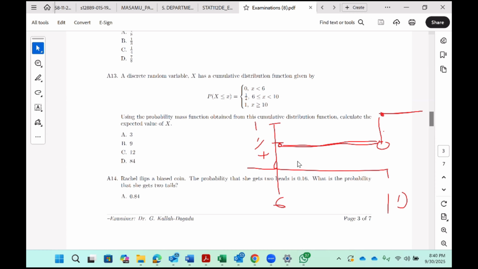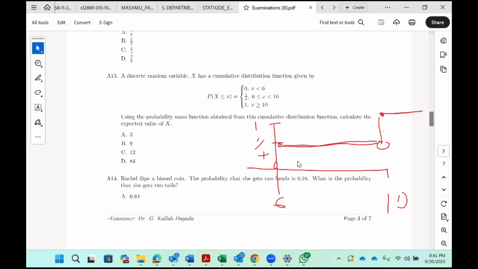So using the probability mass function obtained from this, you have to find the midpoint of your values between 6 and 10 and assign that probability to it. Then at 10, the remaining probability jumps to that.